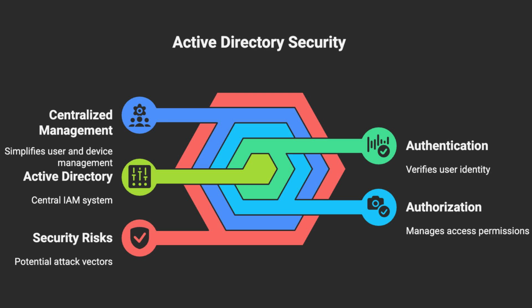Next is the attack surface. Because it holds so much critical information and controls access, Active Directory is a prime target for attackers. Understanding its structure, common attack vectors, and AD-related cyber attacks like Kerberoasting, golden ticket, or pass the hash is fundamental for any cybersecurity professional.